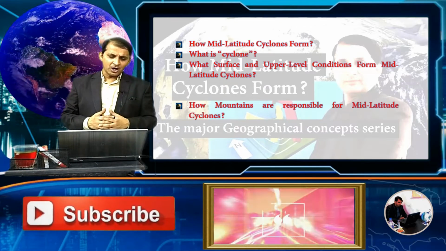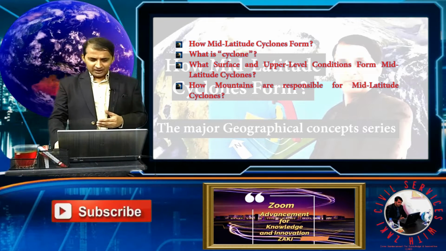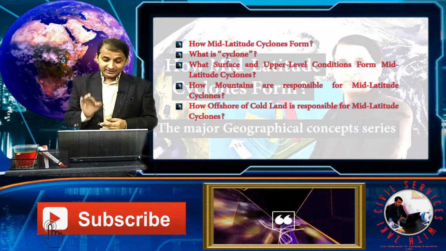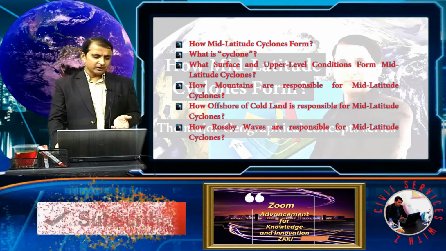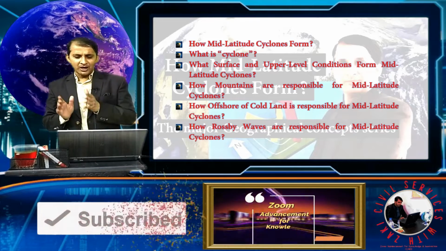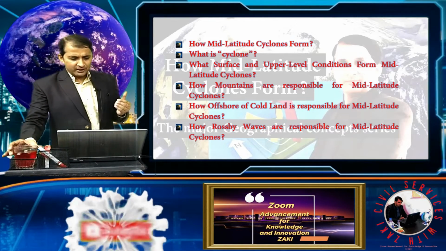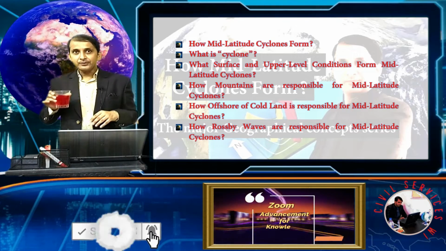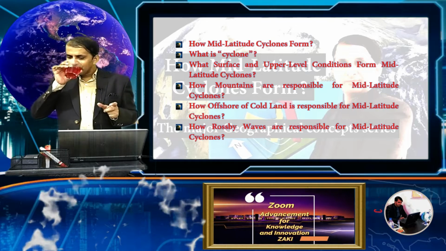Another is how mountains are responsible for mid-latitude cyclones, another is how offshore cold land is responsible, and also how Rossby waves are responsible for mid-latitude cyclones. Today we discuss all these topics, so stay with us.